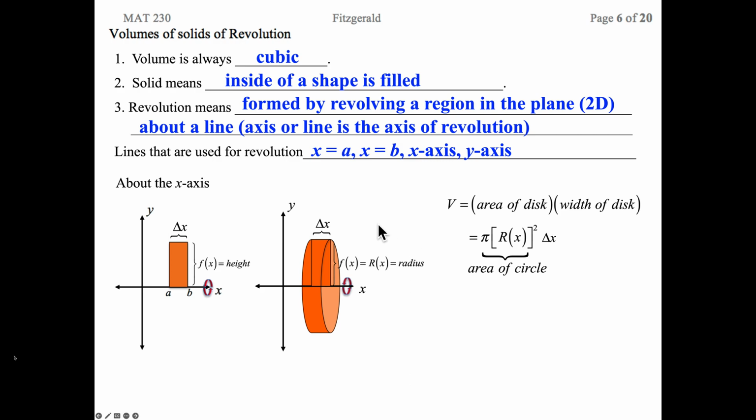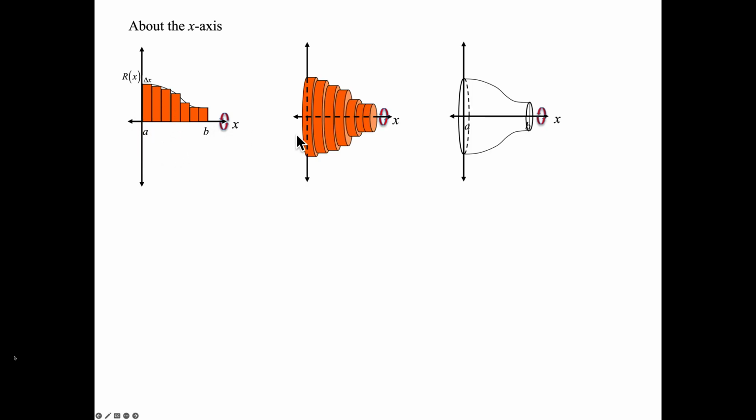So imagine, if you will, here's my curve, and I want to go from a to b. To build up your formula, think about putting little rectangles all the way inside of this shape. Now we spin it, and we get disks all piled up on each other.